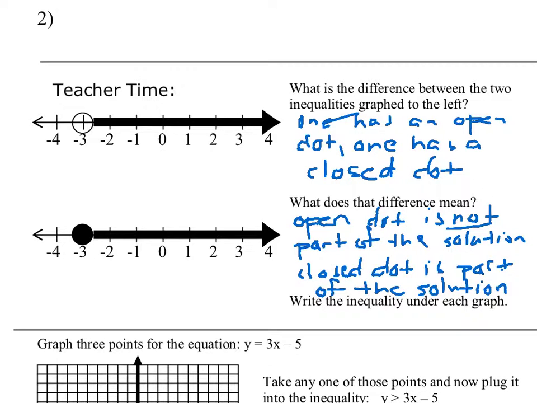So we want to make sure that it's clear that this is where we're starting and everything to the right of it is part of the solution. So we put a dot there to show that that's where we're starting from, but that particular point itself is not quite part of the solution. Good clarification, Kendrick.